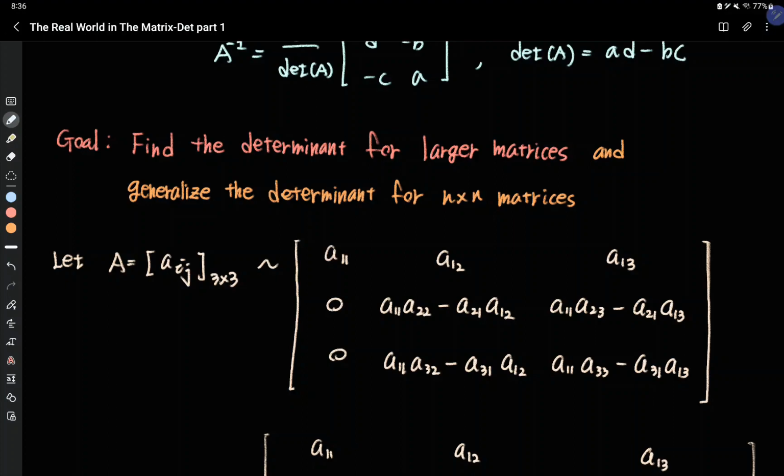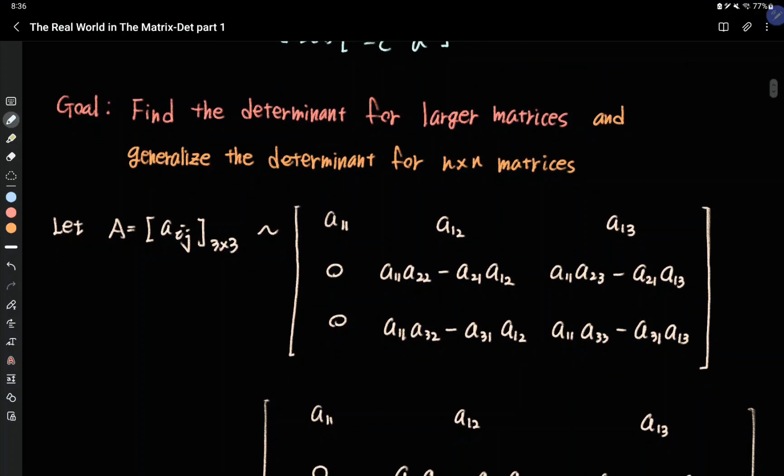To use that fact, we are going to reduce A to echelon form. It means that we rewrite matrix A as an upper triangular matrix.